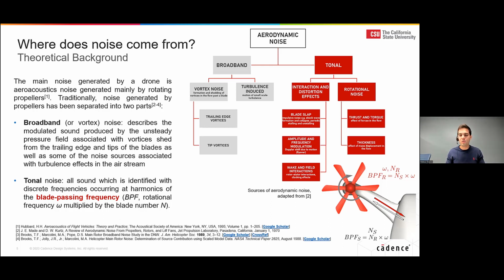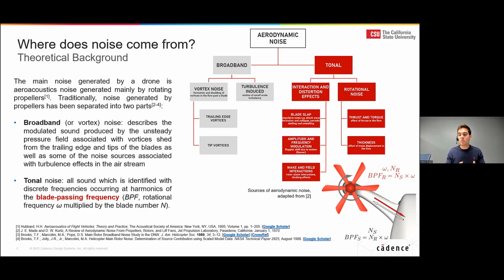So it's turbulence-induced noise, so chaotic movement of the flow field, especially near the wall or in the wake of an airfoil, for example, or also trailing edge vortices emanating from the trailing edge of airfoils or blades, and specifically tip vortices coming from the movement of the flow field from the pressure side to the suction side of a propeller, for example.